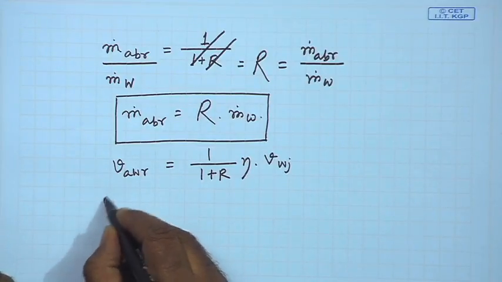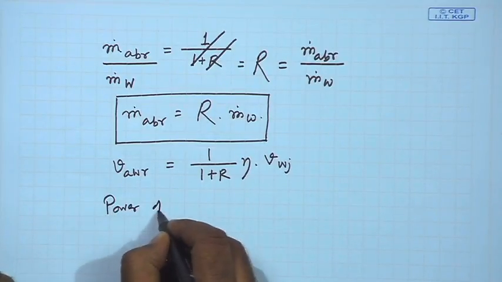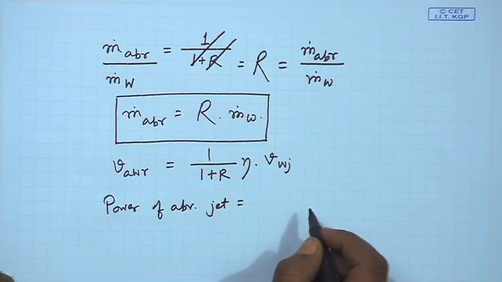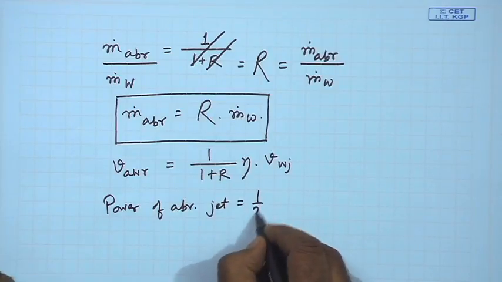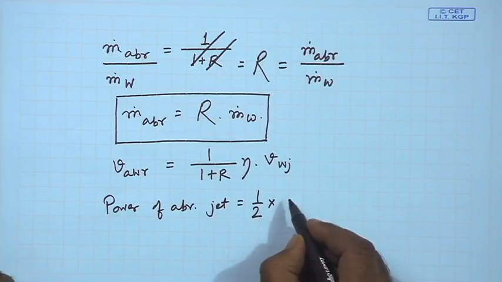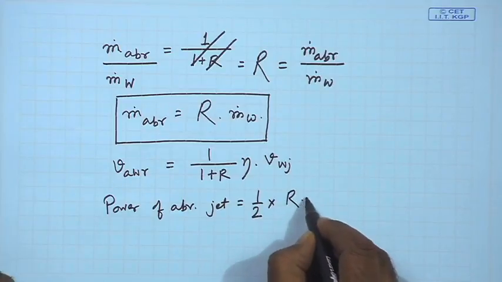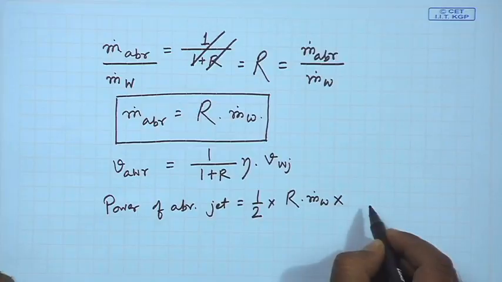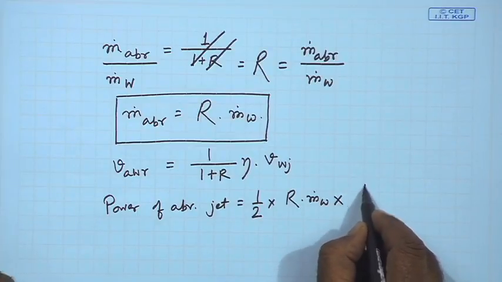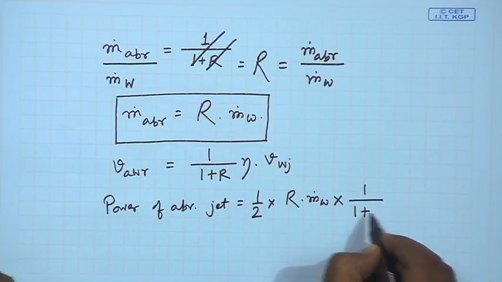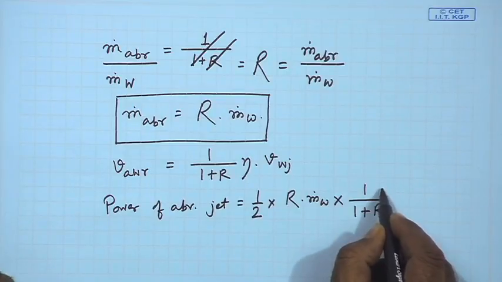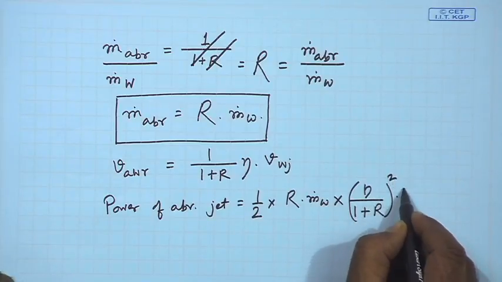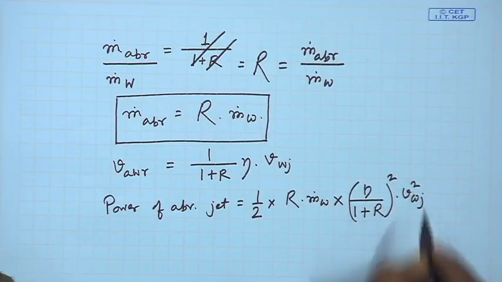Therefore, we can say power of abrasive jet was equal to half m dot, which means R into m dot W, multiplied by V square, which is 1 by 1 plus R times eta whole square into velocity square of water jet V_W squared.